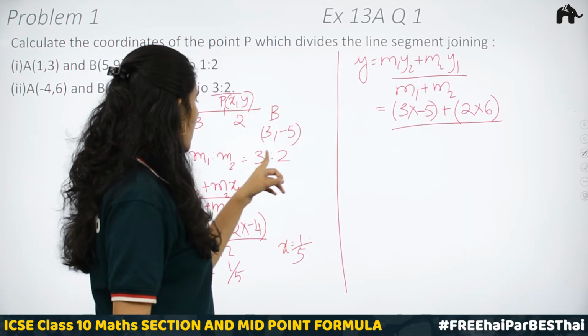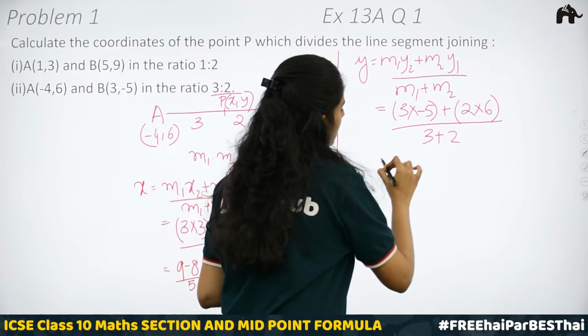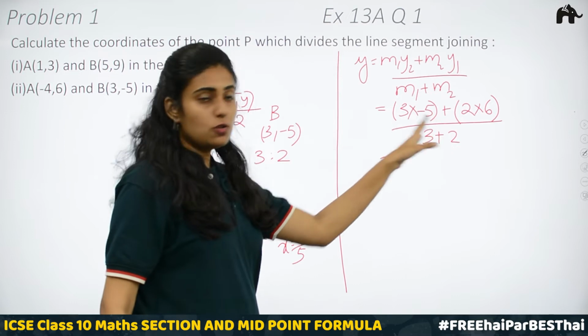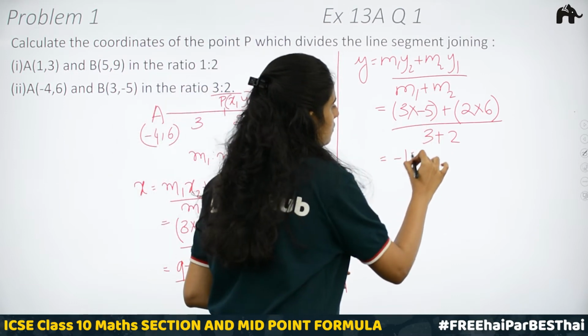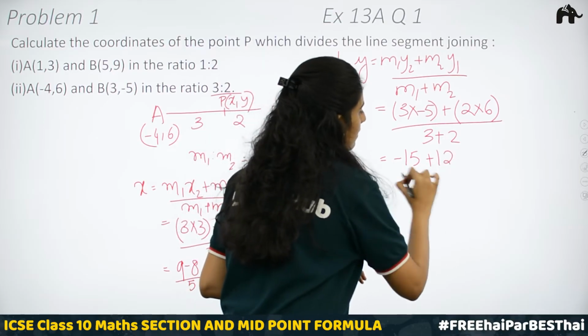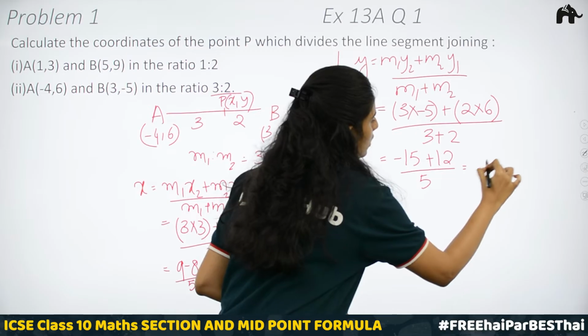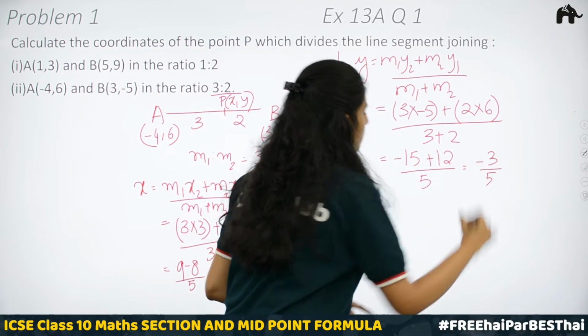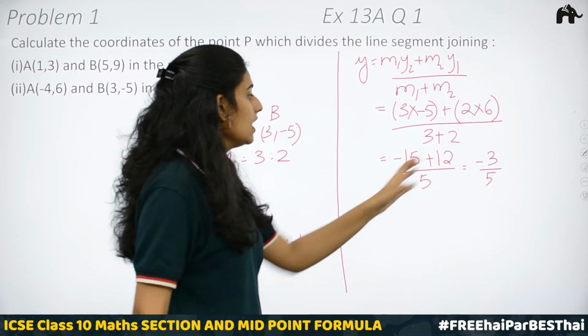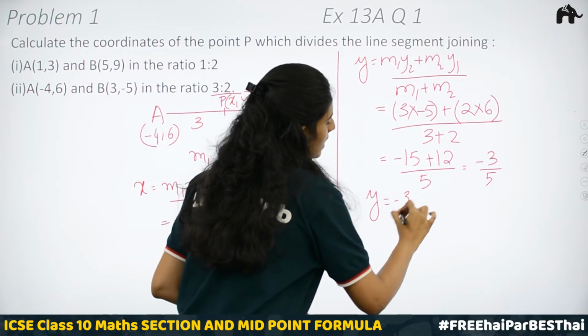M1 is 3 and M2 is 2, 3 plus 2, which is equal to 3 into minus 5 is minus 15 plus 2 into 6, 12, divided by 3 plus 2, 5, which is equal to minus 3 divided by 5. Minus 15 plus 12 is minus 3 divided by 5. We got the y coordinate equal to minus 3 by 5.